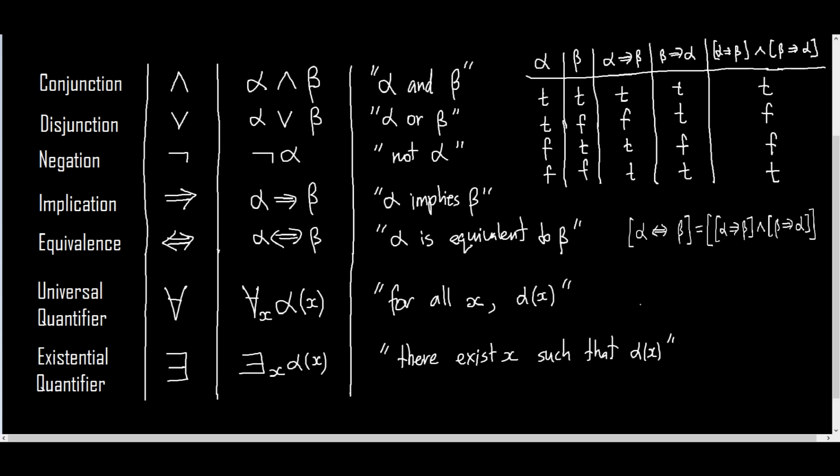So that's how we read this, and then the meaning is also tied to this. So once again, if variables represent human beings, alpha could be saying x speaks French, and now with this whole entire statement, we're saying that there exists a human being that speaks French, which of course is true.